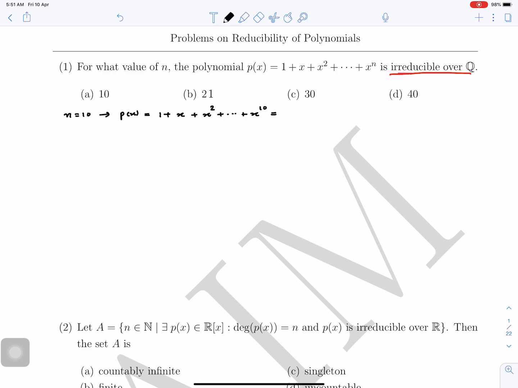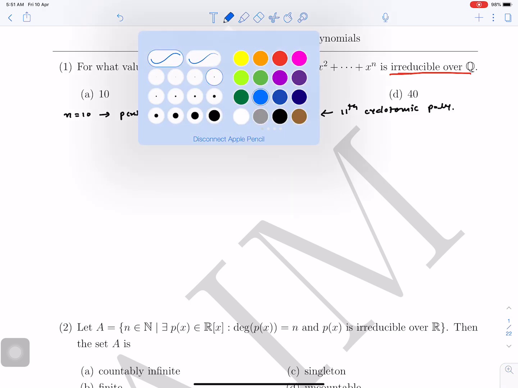But this is what? It is Φ₁₁(x), the 11th cyclotomic polynomial, and we have a result about cyclotomic polynomials. So let me state the result.